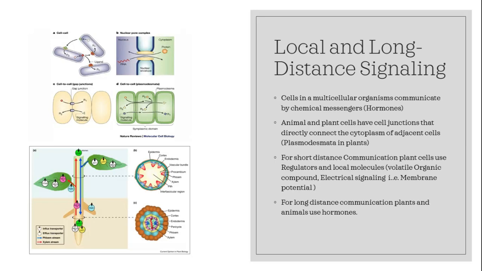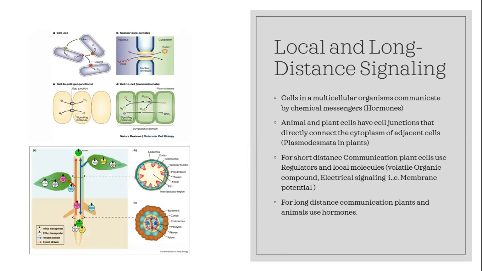Animals, for example, जर तुम्ही animals मध्ये बघितलं तर you will see that animals have a lot of hormones. Most of the animal hormones are synthesized in the pituitary gland, which is located in your brain. And if you see the hormone functions, they are at different organs like the kidney or other organs. These hormones synthesized in the pituitary gland are carried from one place to another, and the transport takes place through blood.